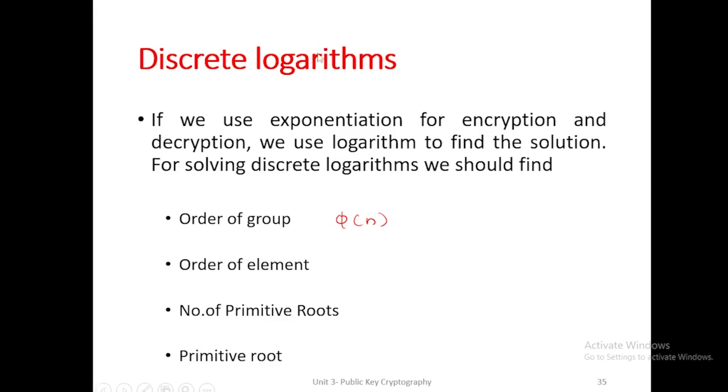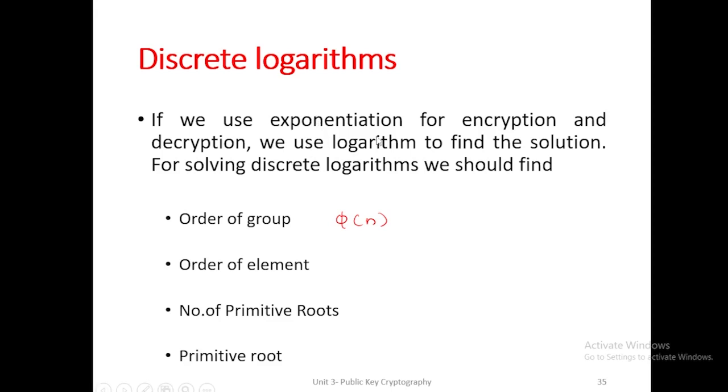So this is the generalized way of finding the value of a power k plus 1 factorial. Let us take the discrete logarithm and the combination of exponentiation. Exponentiation is mainly used for encryption and decryption in public key algorithms. If you want to implement a public key algorithm, there is a need to use an encryption and decryption mechanism. For that, this exponentiation method is used.